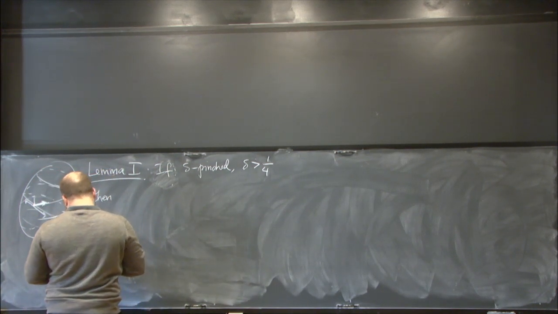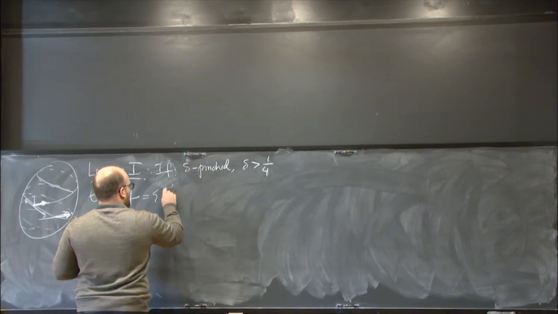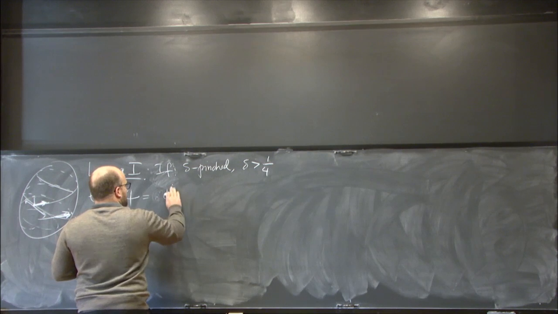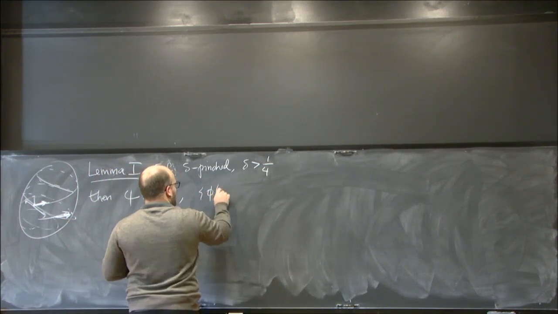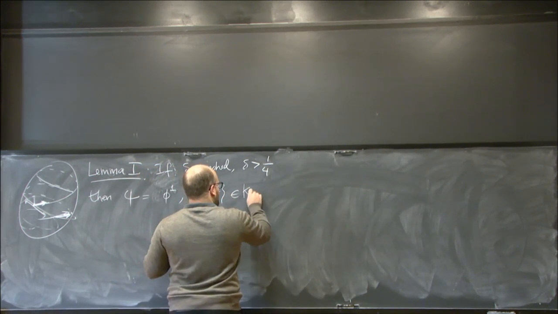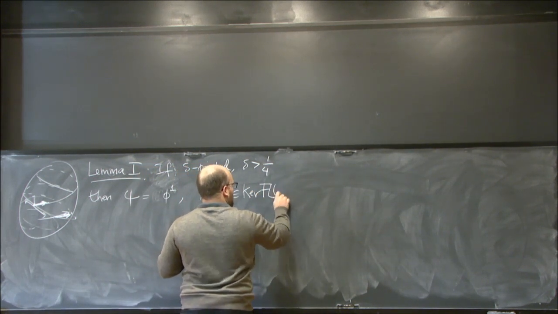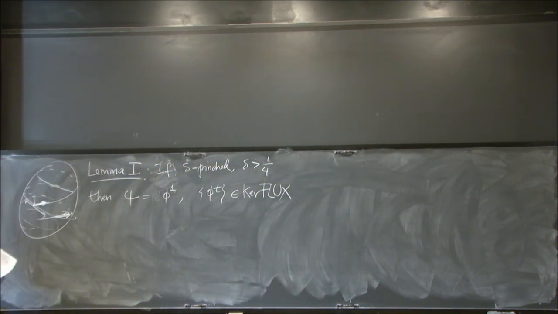Then the return map is going to be the time 1 map for some isotopy in the kernel of the flux. So you can choose an isotopy in the kernel of the flux.